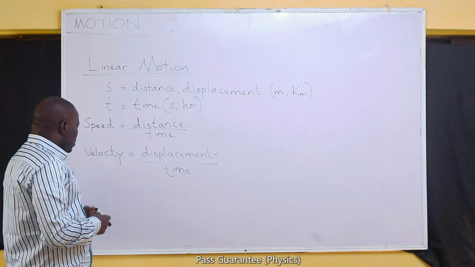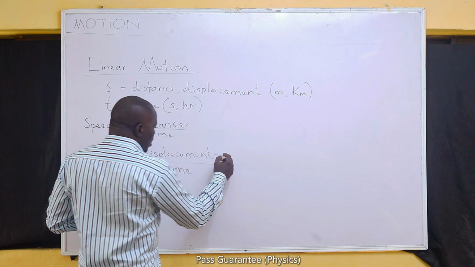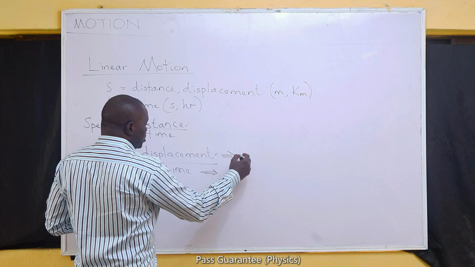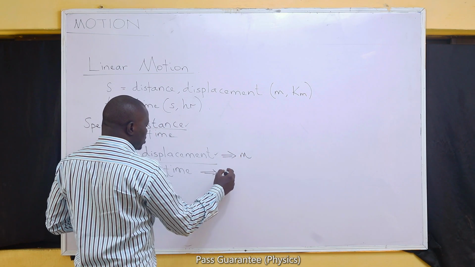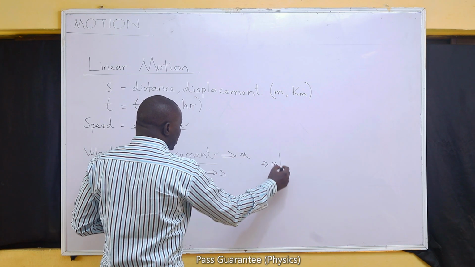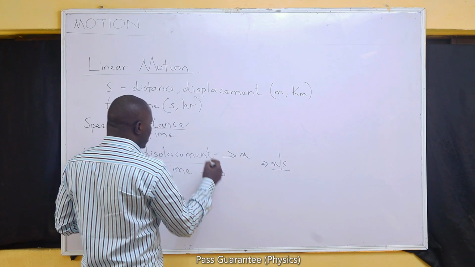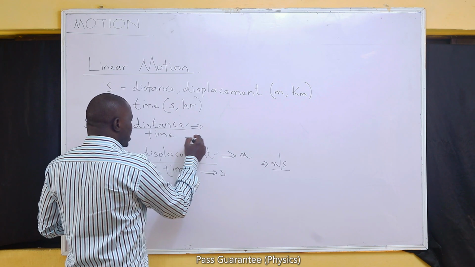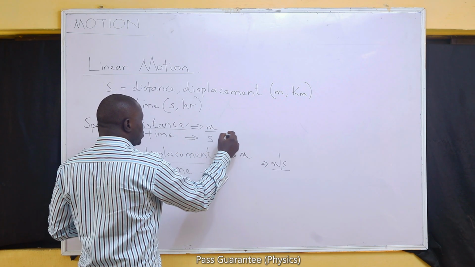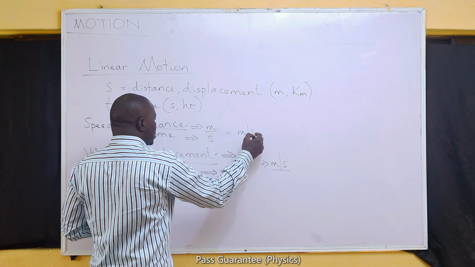So the velocity is also going to have the same unit as speed. The unit of our displacement is meters. The unit of our time is seconds. If we divide the two, we'll have meters per second. Just as I have said earlier, the unit of speed is also meters divided by seconds, which we represent as meters per second.